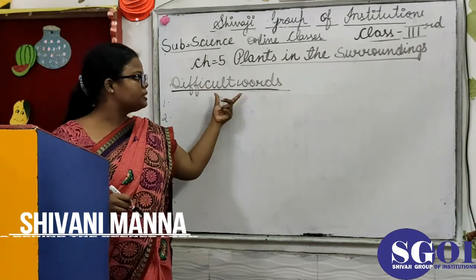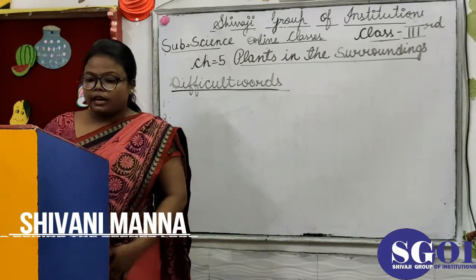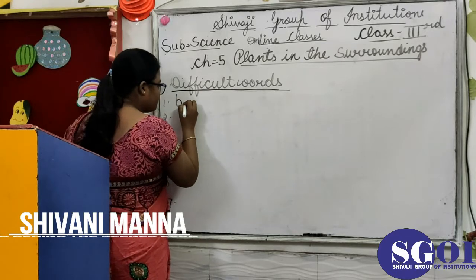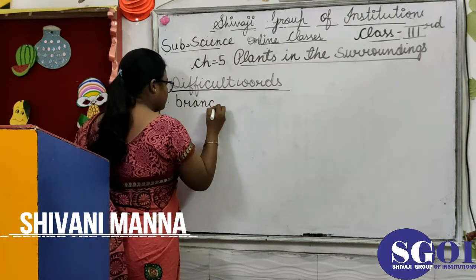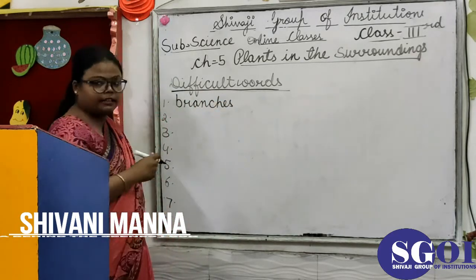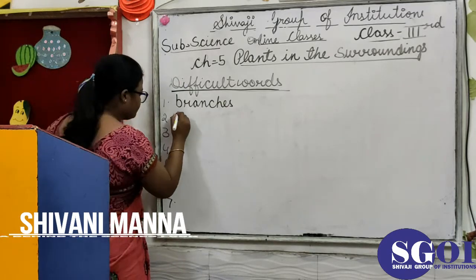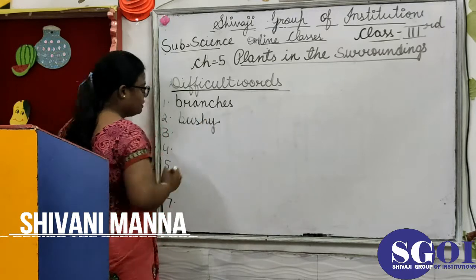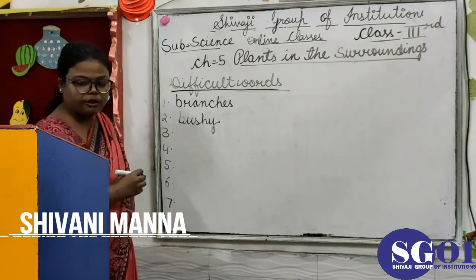Write difficult words with pencil. First, branches. Second, bushy, B-U-S-H-Y, bushy. Third, fibrous.